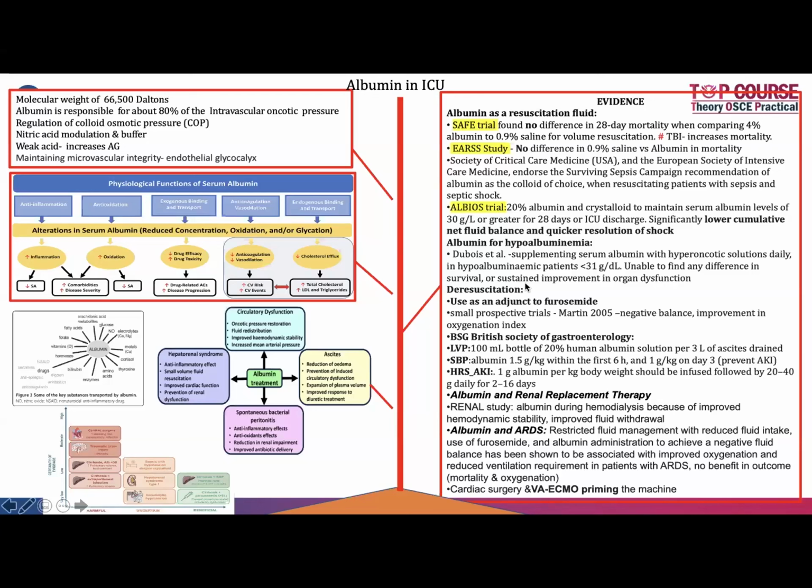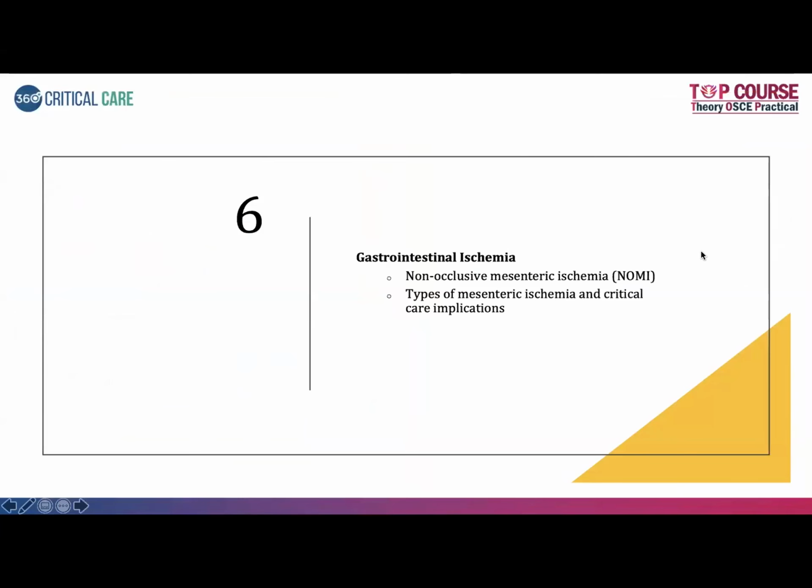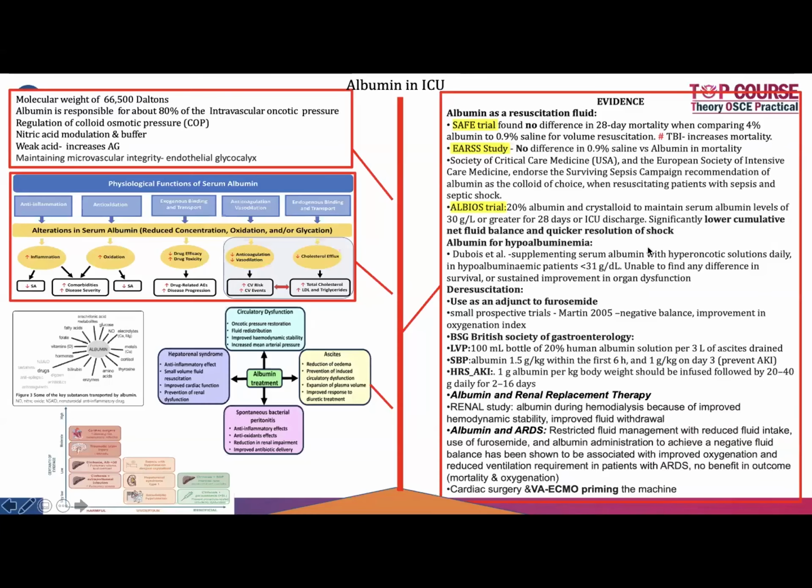So is there any benefit of giving albumin for hypoalbuminemia? Normally we all know that for hypoalbuminemia, the half-life of the synthetic albumin is going to be low, so in the long term it is not going to be beneficial for the patients. In fact, we need to improve the protein intake of the patients. That is where we need to give attention, rather than giving 20% albumin.